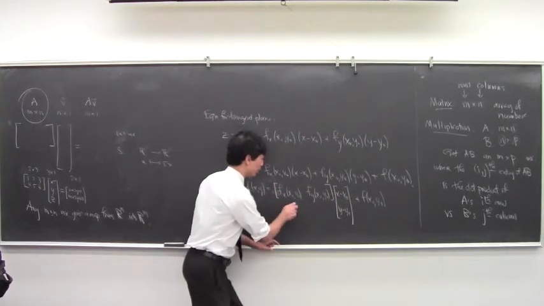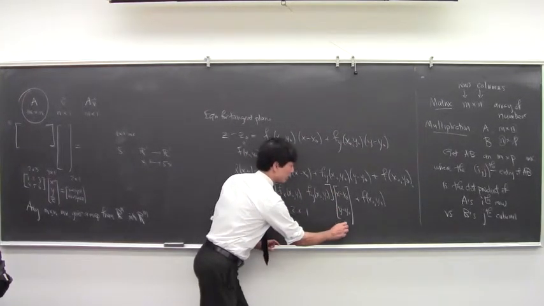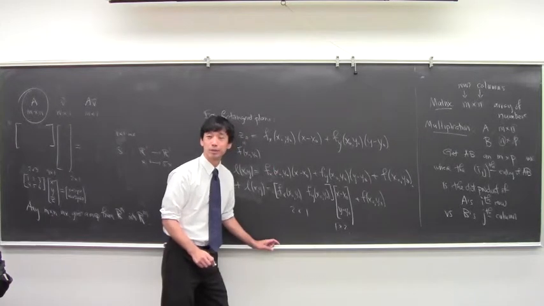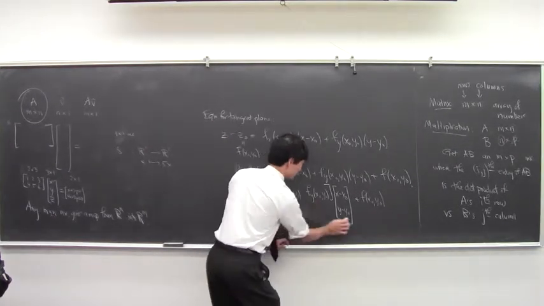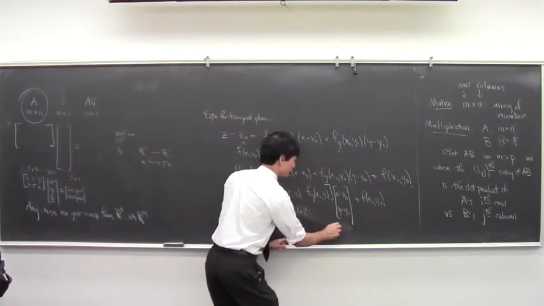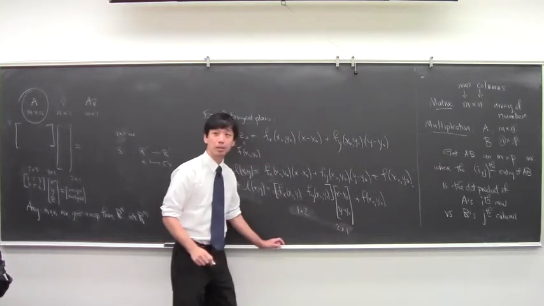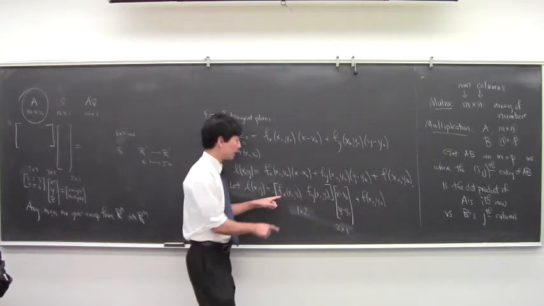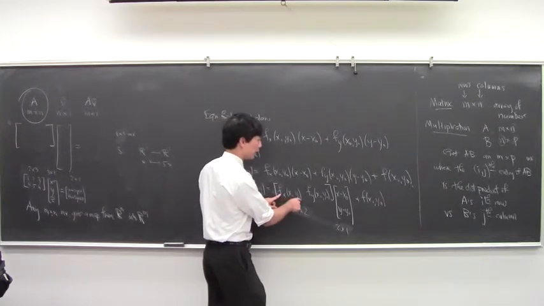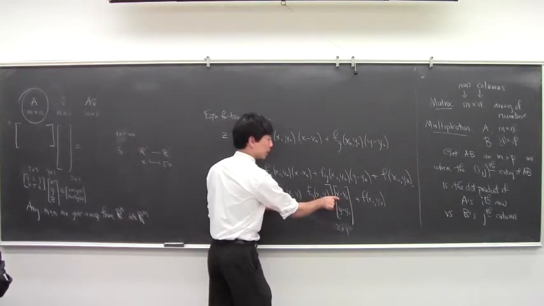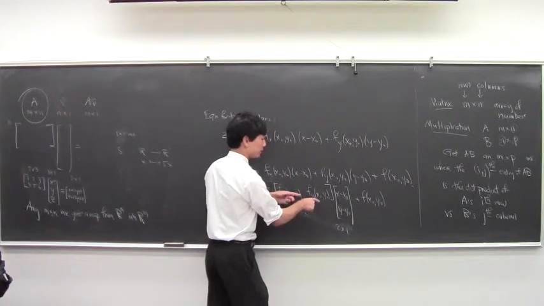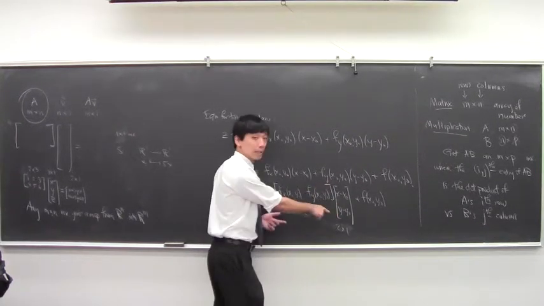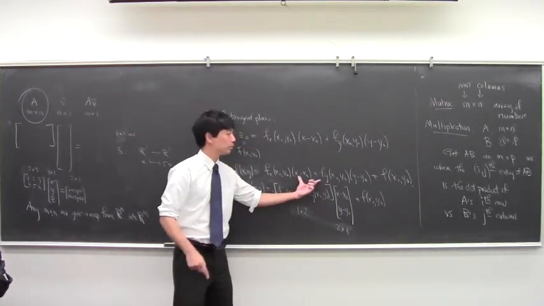It's a 1-by-2 against a 2-by-1, and as such it'll give me a 1-by-1, namely a number. What number does it give me? It gives me f sub x at (x naught, y naught) times x minus x naught, plus the dot product of this thing against that thing, which is this thing up here.